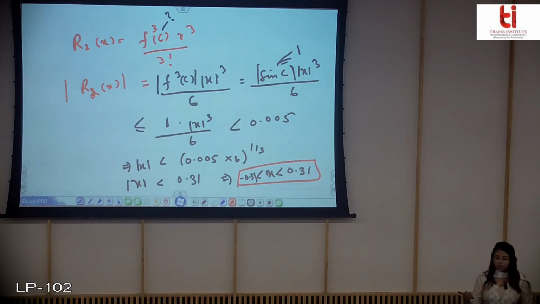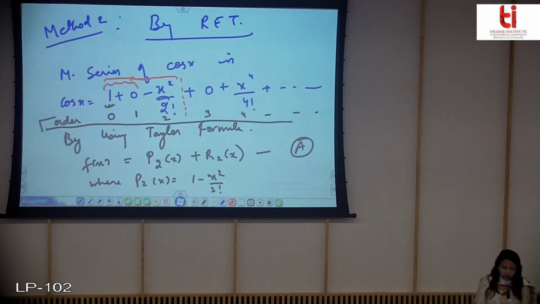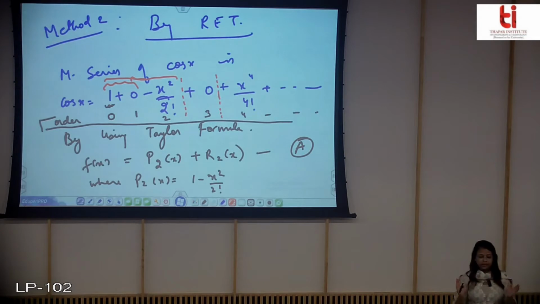Now let us look at what the problem is. If you see this one, we have cut the series till here, and even if we cut the series till here, we will get the same approximation.